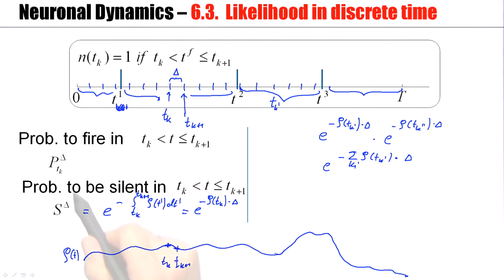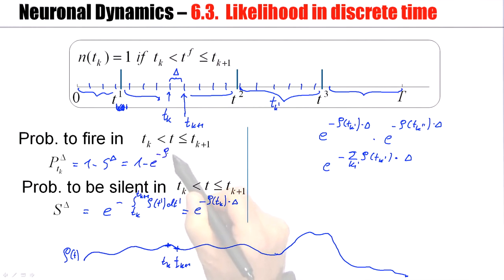Well, the probability to fire is 1 minus the probability of staying silent. So this is 1 minus e to the minus rho of tk times delta, in the approximation I made here.